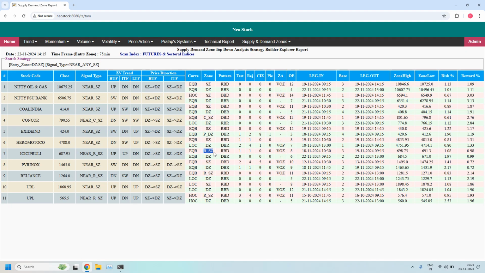ICICI Prudential is having. Reliance is having. And UPL is having. So total 4 high liquidity 75 minute supply zones from this list.